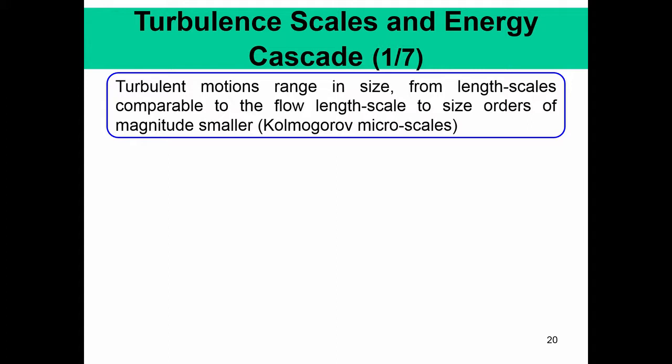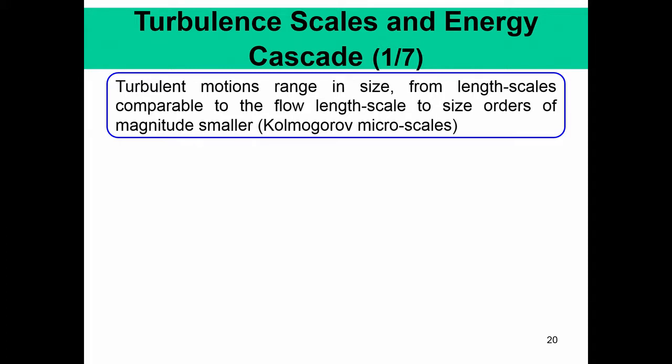As you have seen from the turbulent jet image itself, the turbulent motions range in size from length scales comparable to the flow length scales, which for a jet can be the width of the jet, to sizes orders of magnitude smaller.